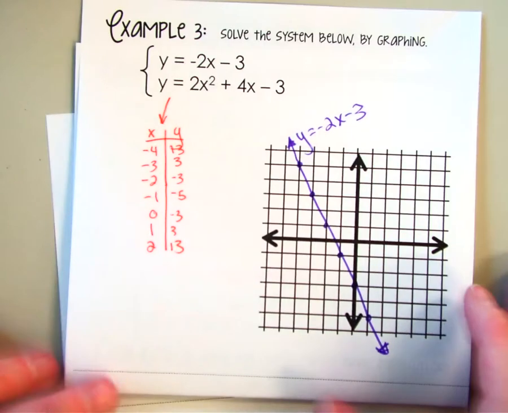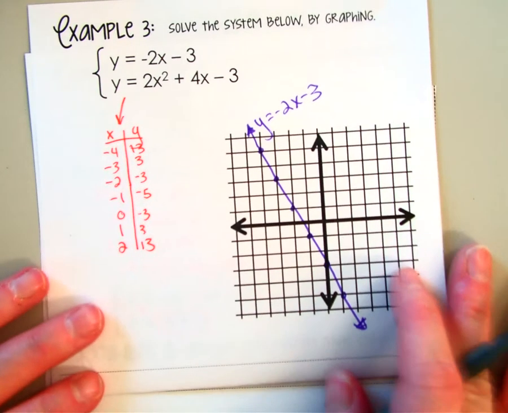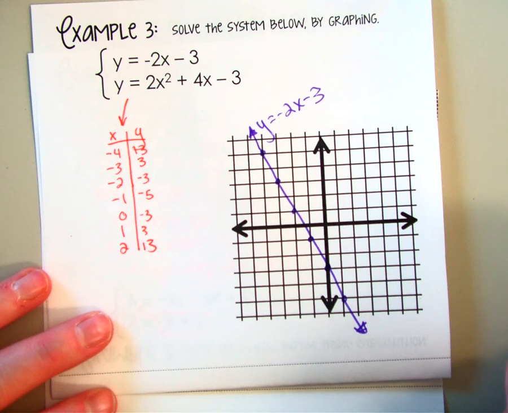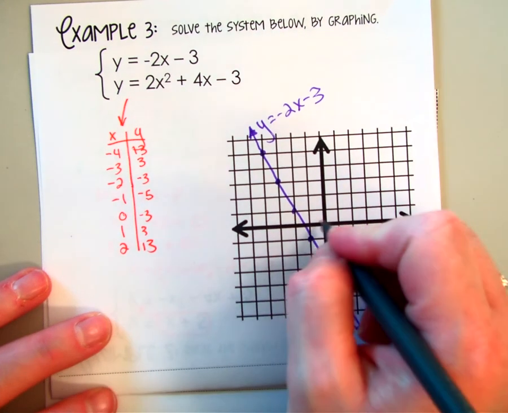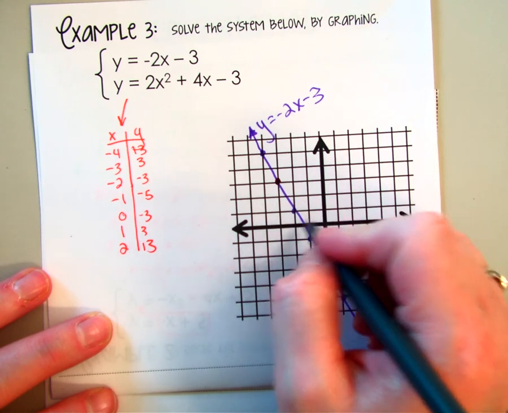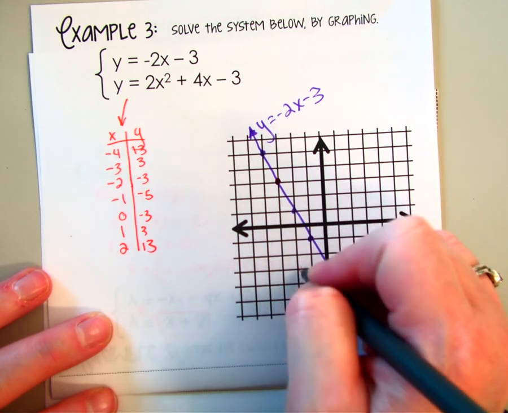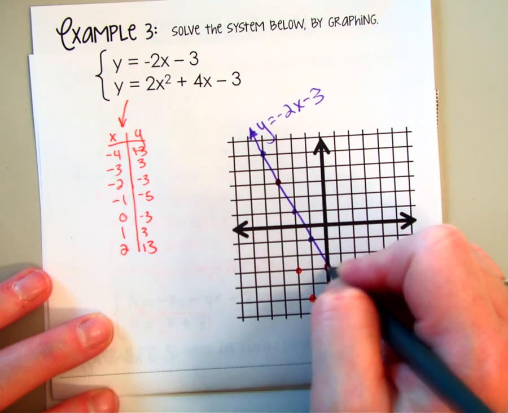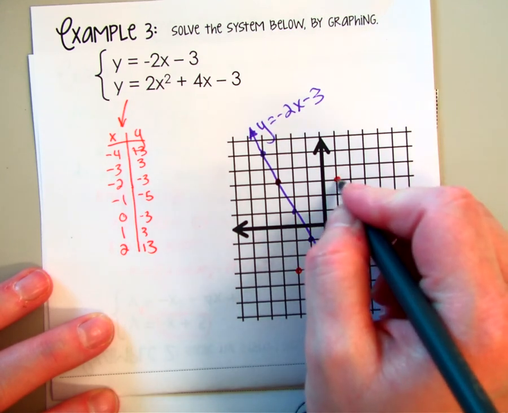That's where I got these numbers from. I used my calculator to help me. So I'm going to plot mine. I obviously can't plot negative 4, 13 because my graph doesn't go up to 13. So I'm going to go with negative 3, 3, negative 2, negative 3, negative 5, negative 3, and positive 3.